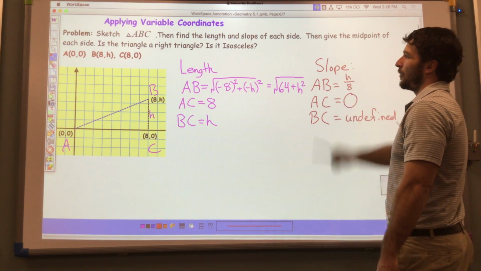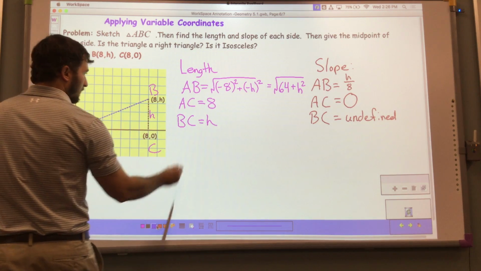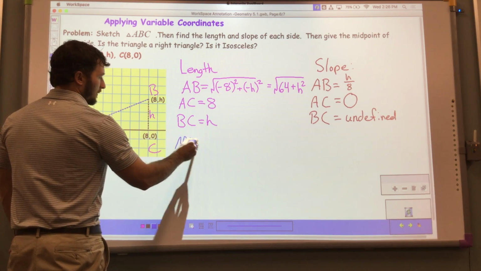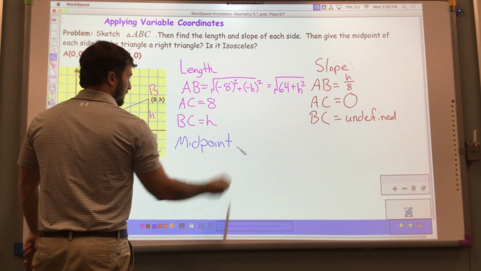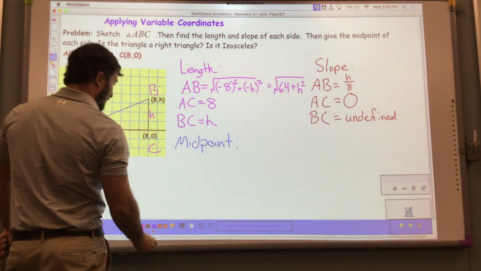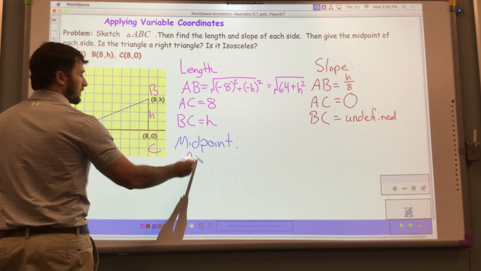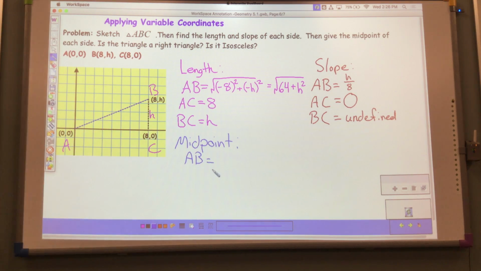Then we're supposed to find the midpoint of each side. Let's go with blue. So, again, we'll start with AB. Use the midpoint formula.